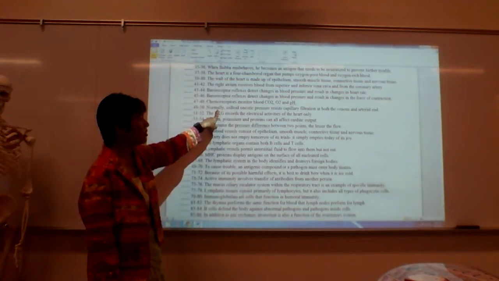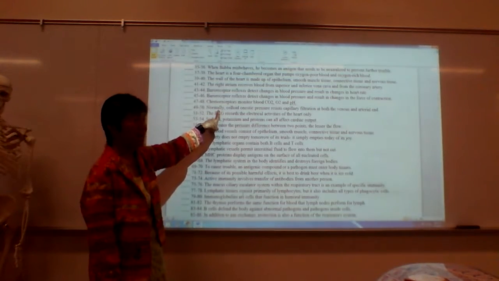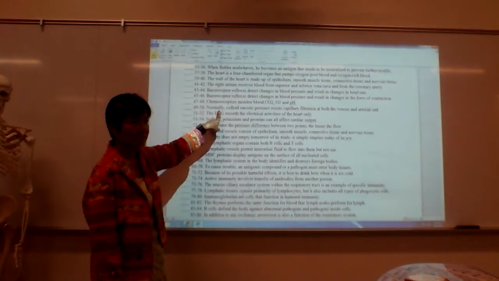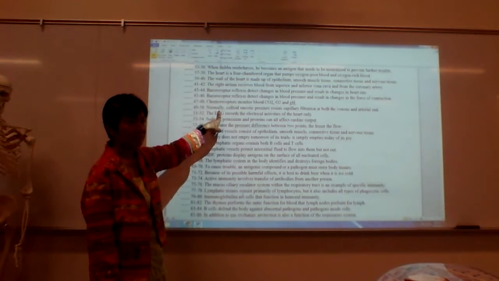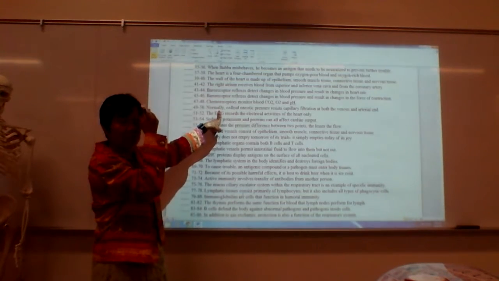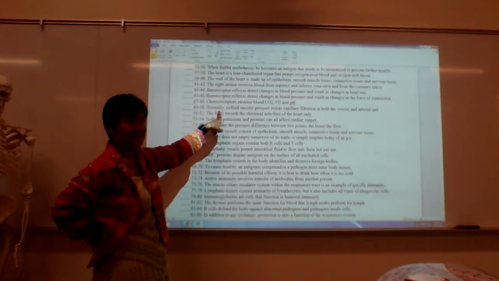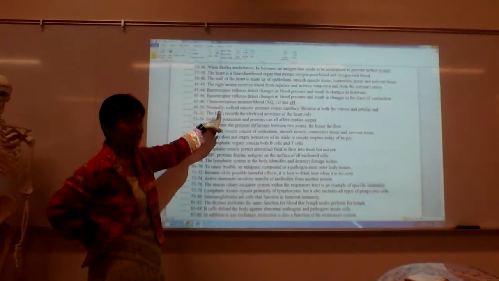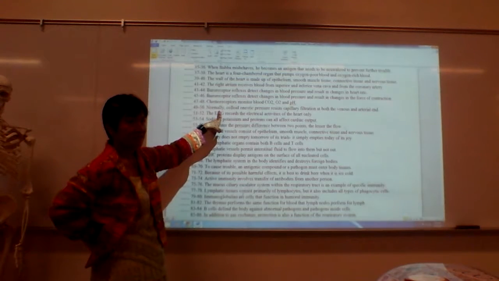Normally, the colloid oncotic pressure resists capillary filtration at both the venous and the arterial end. What's the answer? Why is it false?